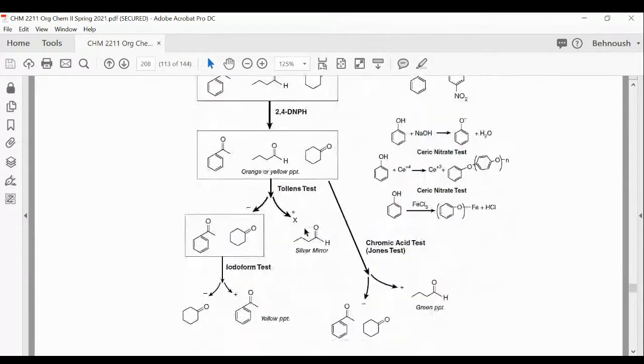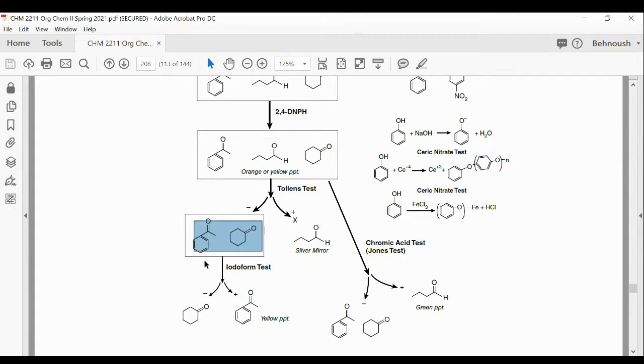Then you want to discriminate whether it is an aldehyde or not, and you could do the Tollens test. When you add Tollens reagent, if it's positive, then you know it's an aldehyde. If it's negative, it's not an aldehyde, so it could be one of the other two ketones. So you have these two as possibilities.